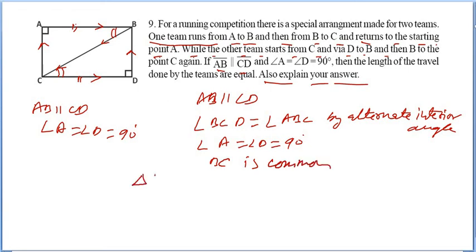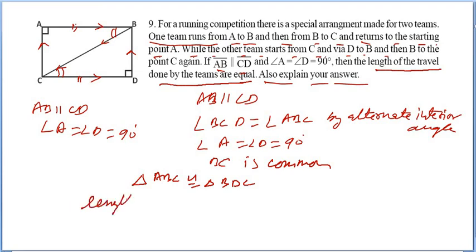So triangle ABC is congruent to triangle BDC. Then the lengths of the travel done by the teams are equal. Hence proved.